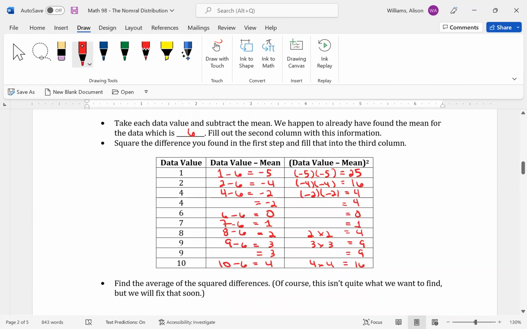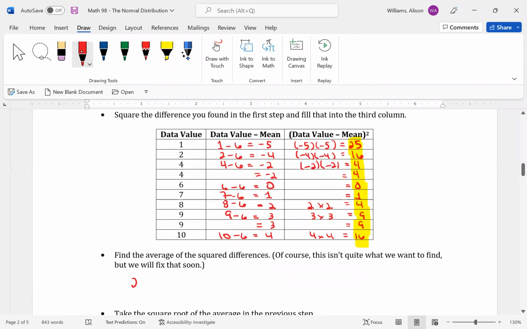That means I want to find the average of this column that I just did. So I'm going to add them all together. I didn't do this in the calculator ahead of time, so we'll do this together. Grab your calculator and do it too.